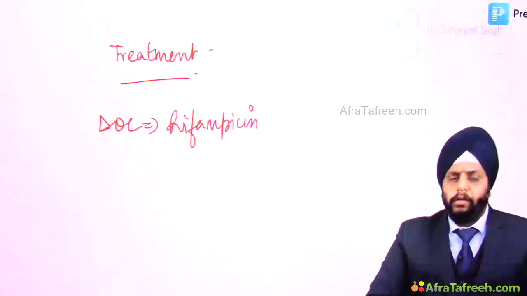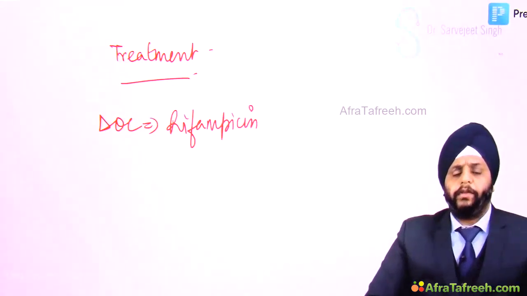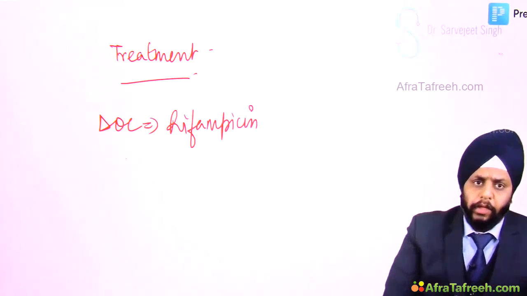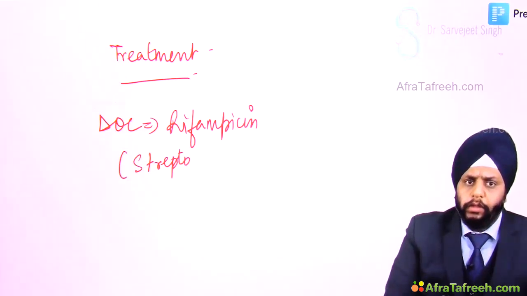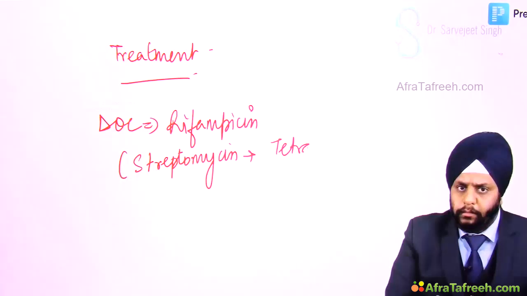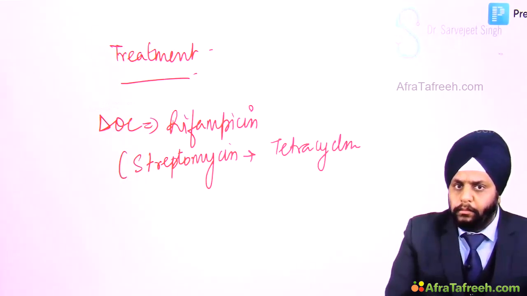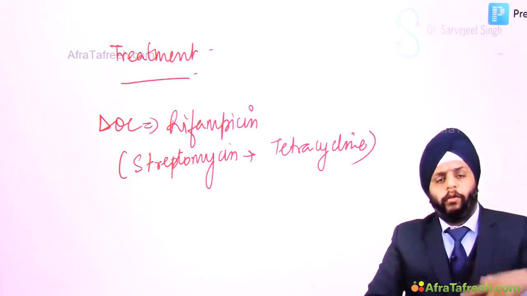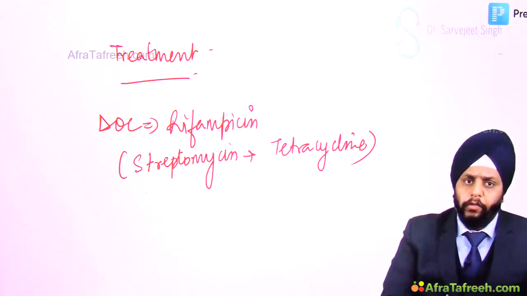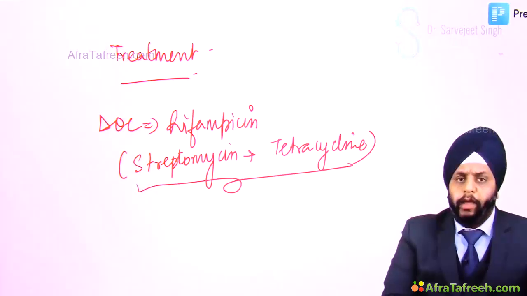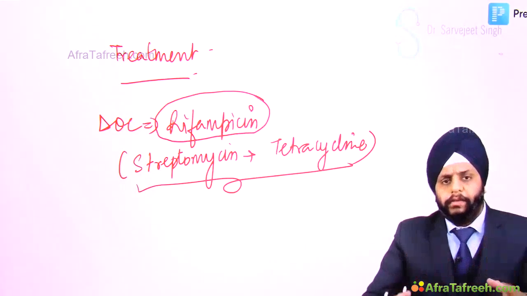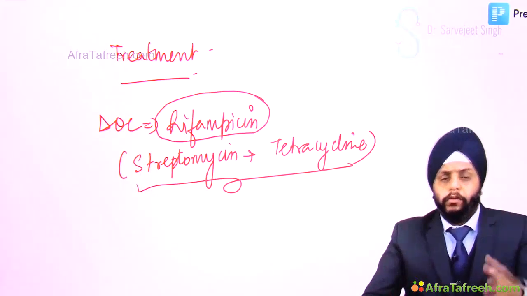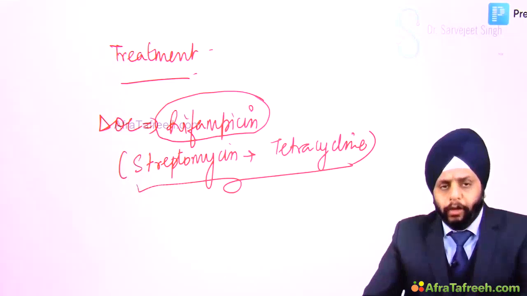Now remember, for this disease, we have previously used other antibiotics, such as, for example, streptomycin plus tetracycline. Okay, now streptomycin plus tetracycline was used earlier, but rifampicin nowadays has more efficacy with lesser side effects. So rifampicin has now become the drug of choice.